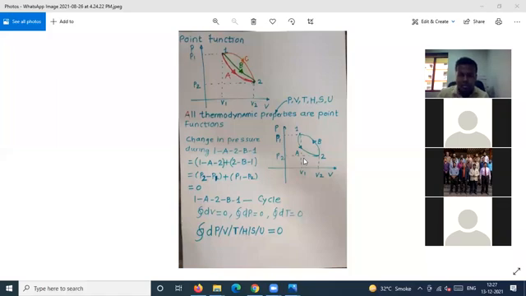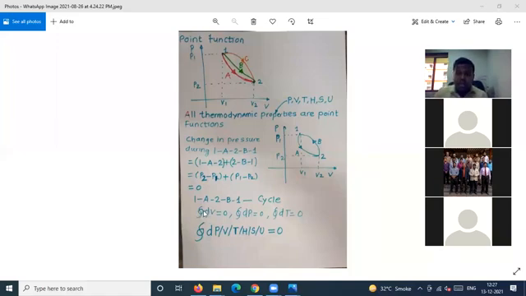So in general, I will say that the cyclic integral of change in volume, change in pressure, or change in temperature is 0. What does it indicate? This integration indicates you need to consider all the processes. This circle indicates it's a cycle, right?